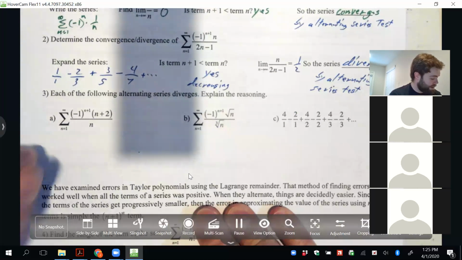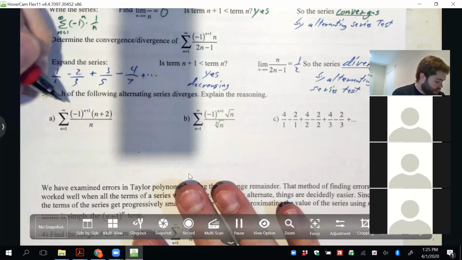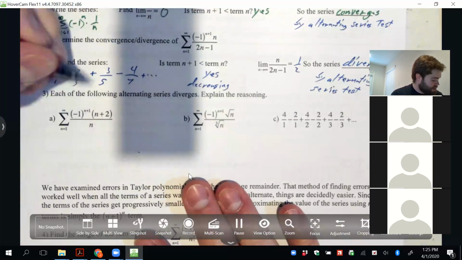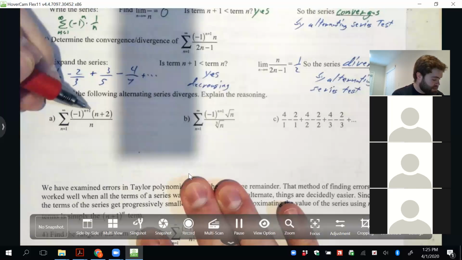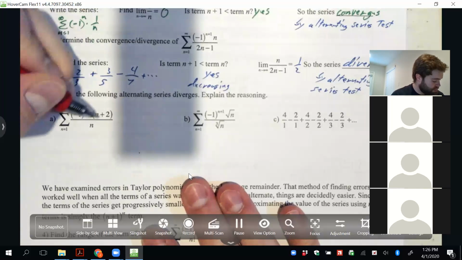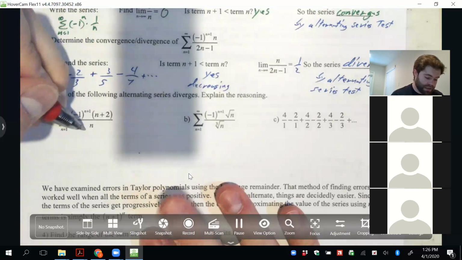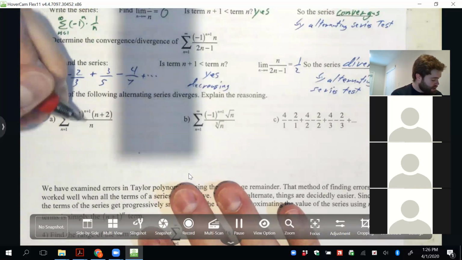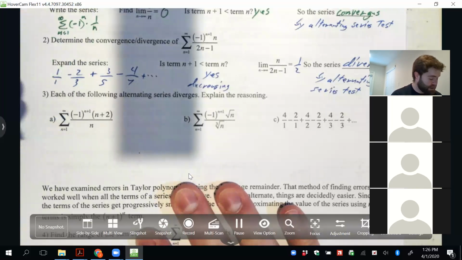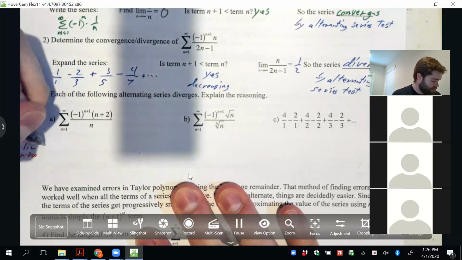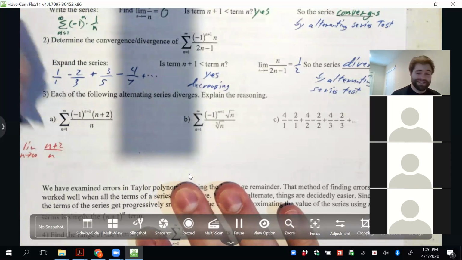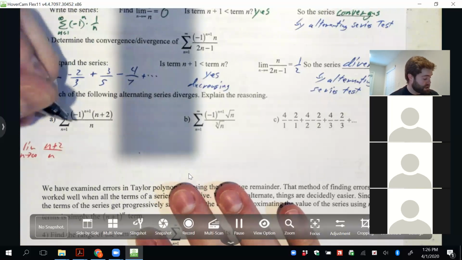Okay, on letter A. We again have an alternating series because of the n plus 1. It's going to be the even terms that are negative. We have n plus 2 over n. Well, let's check the nth term test of the sequence. So we want to check, does the limit as n approaches infinity of n plus 2 over n equal 0 so that this will converge?